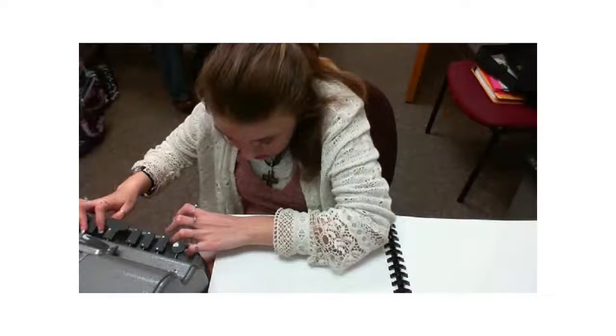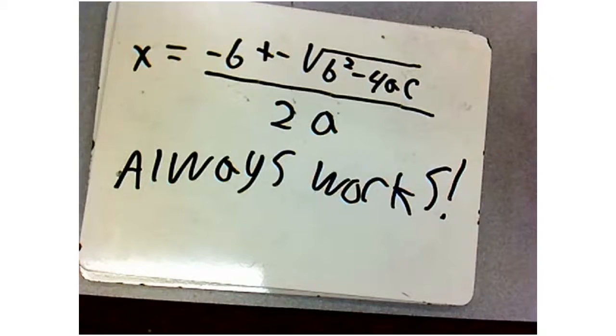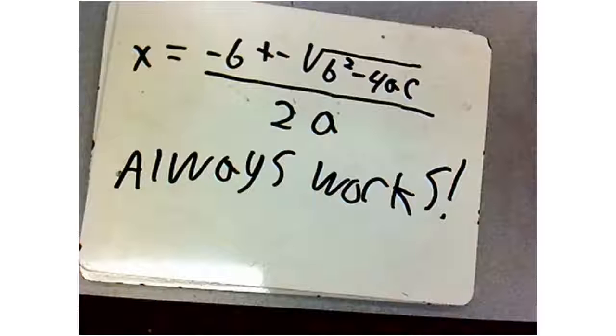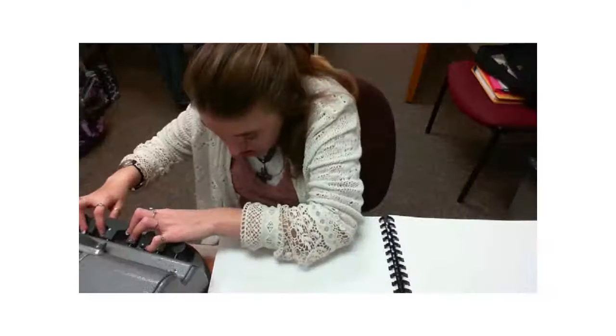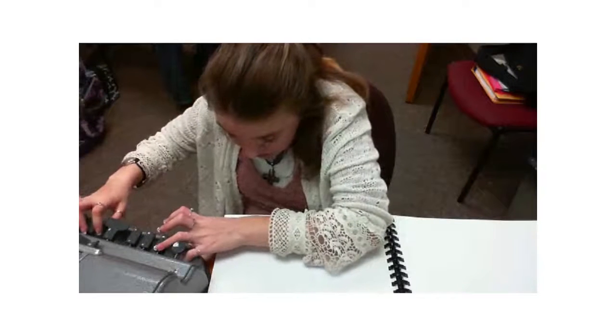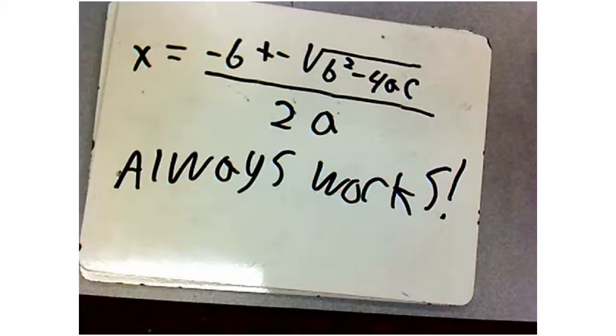Bring it on down with a .5, so you know. Okay. Minus 4ac. Close your square root. Now over 2a. Close fraction.